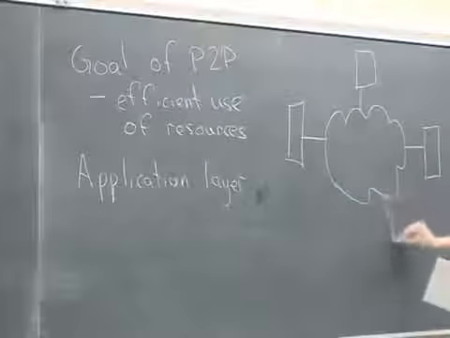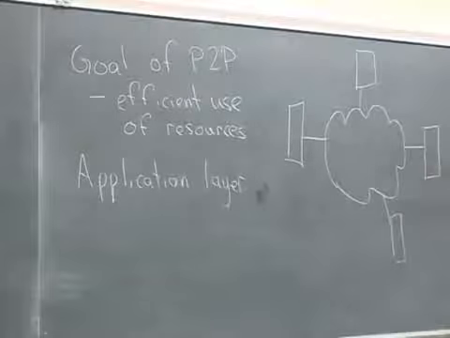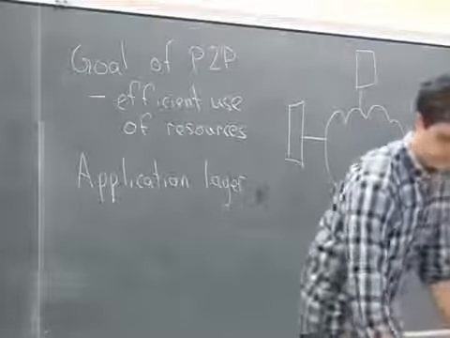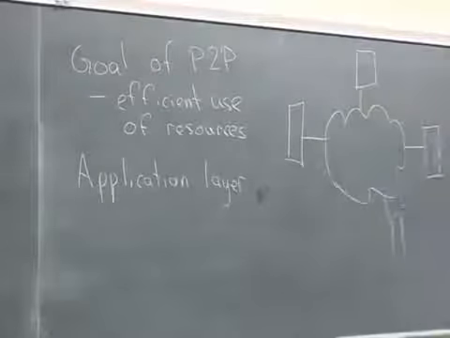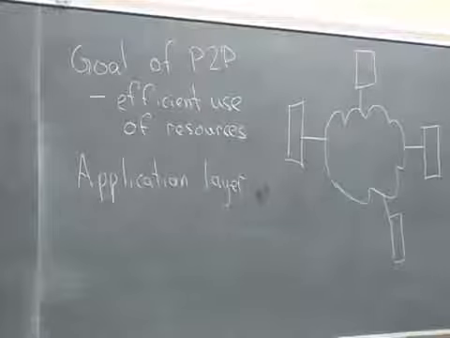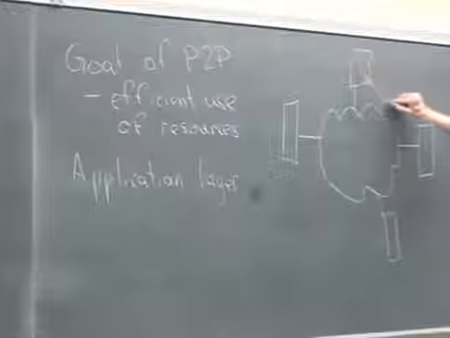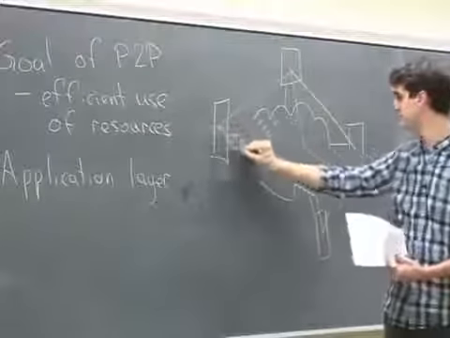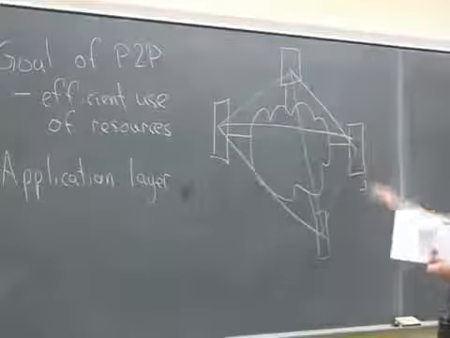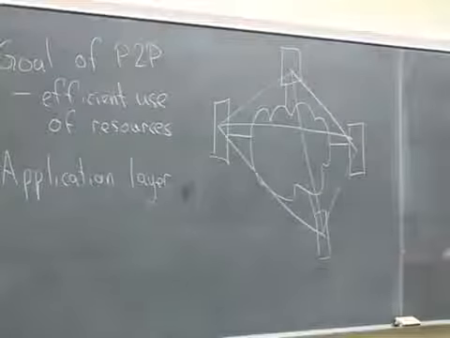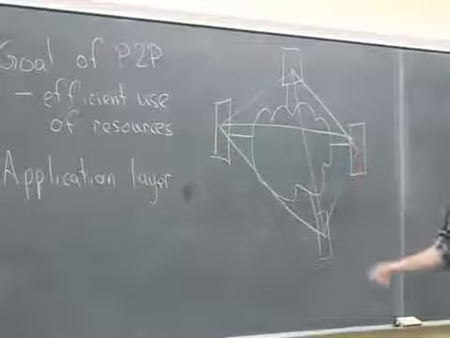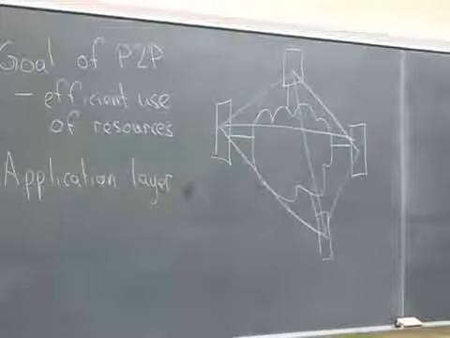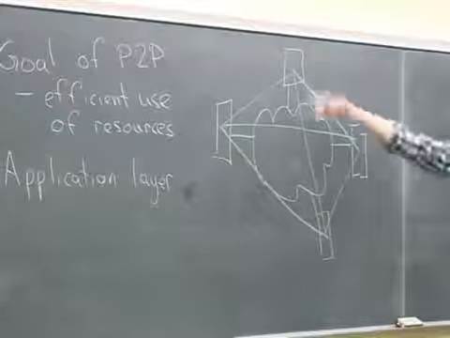And these are all running some peer-to-peer application, and they form what's called an overlay network. So this overlay network is just a network that links together peers in this peer-to-peer system. So let's suppose that they're all linked to each other. And these green links here represent these logical links. That is the application layer connection between these different peers.